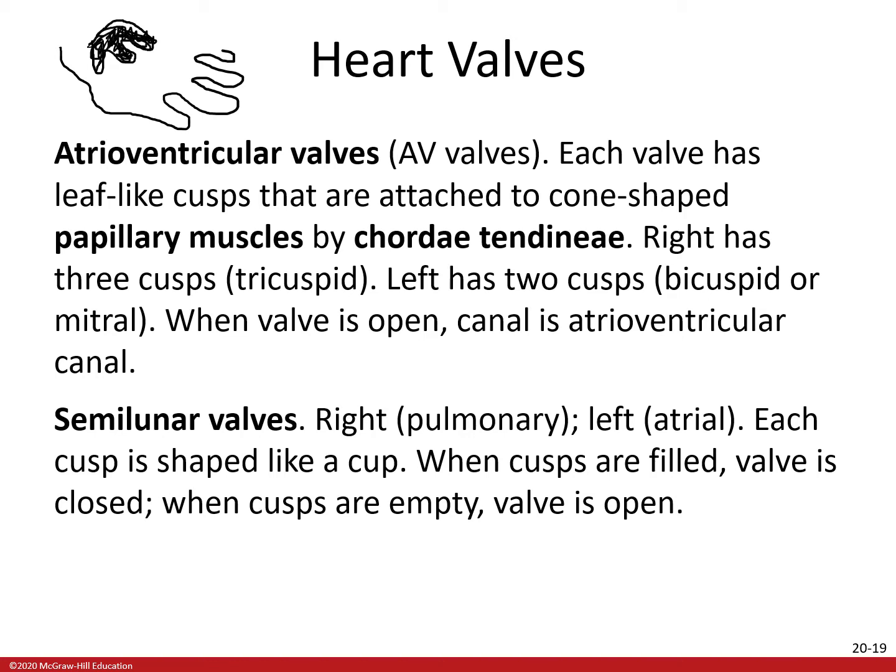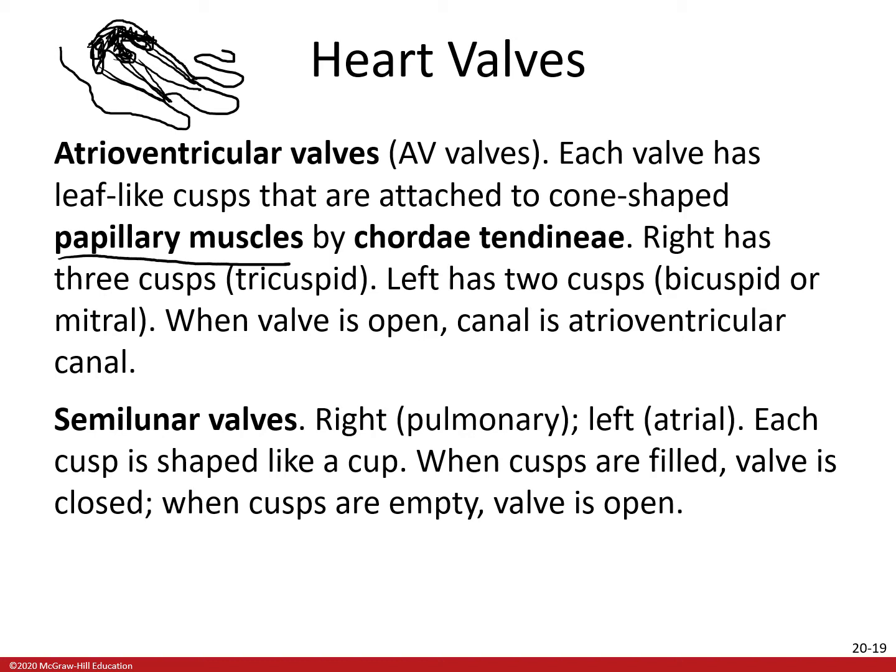What's interesting about our AV valves is that they have these little stringy bits coming off of the leaf-like cusps, and they attach to these projections from the heart wall. These projections are the papillary muscles.